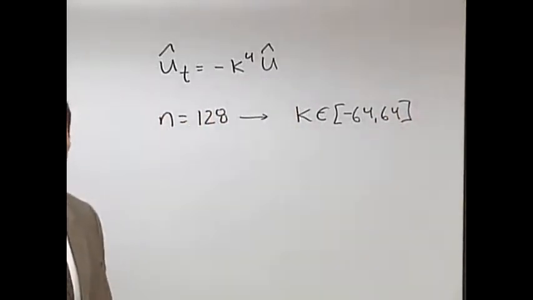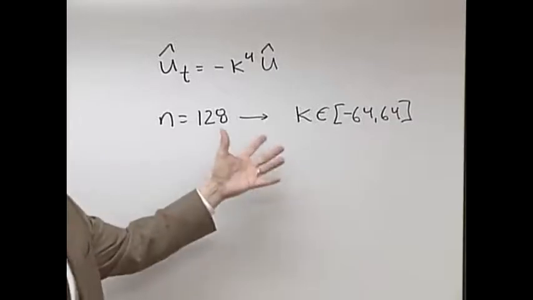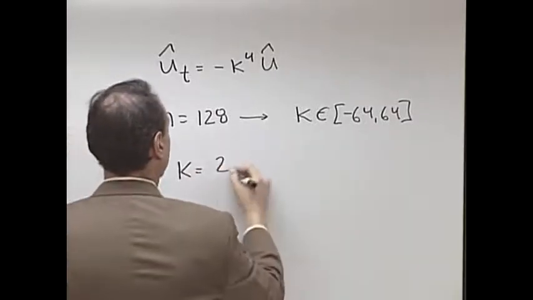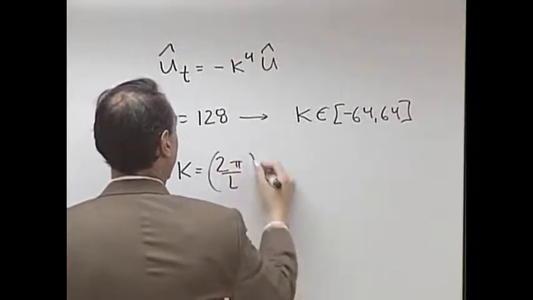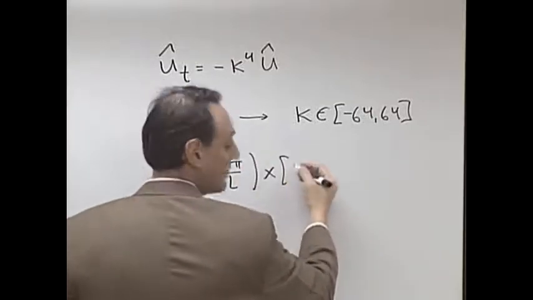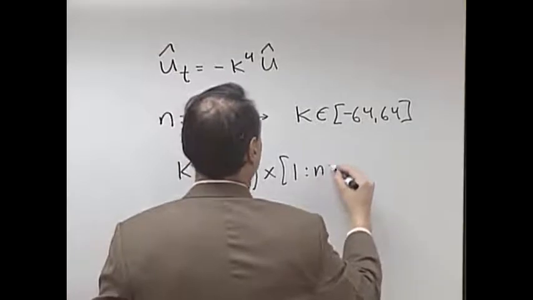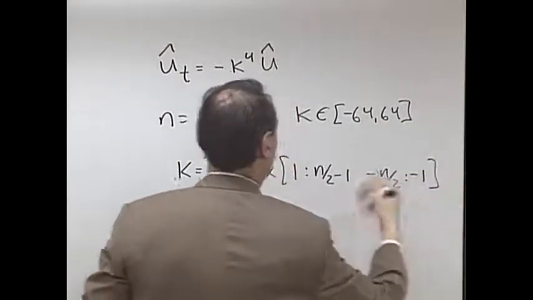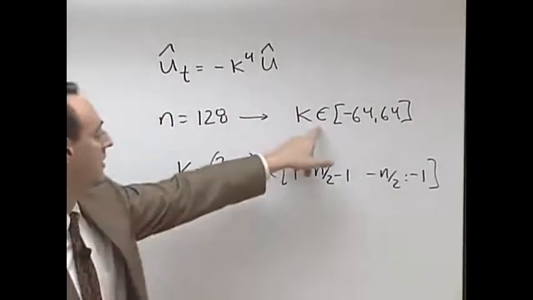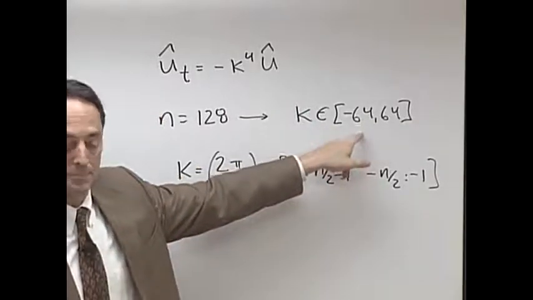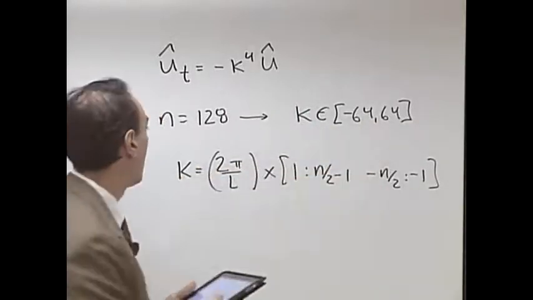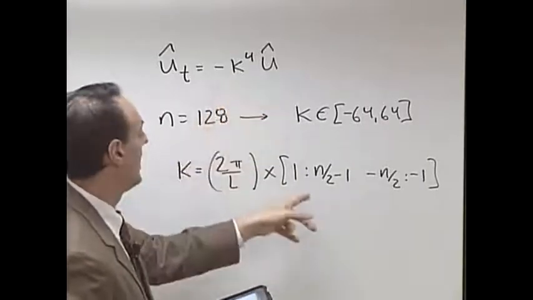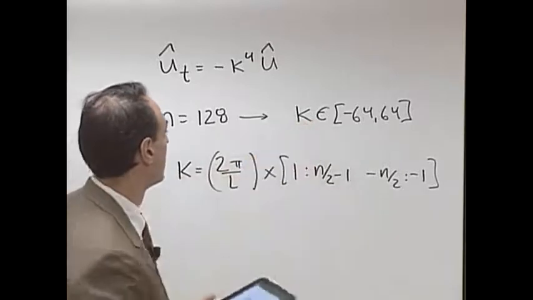You know this because your k vector goes from 2 pi over L times 1 to n over 2 minus 1 and minus n over 2 to negative 1. That's how it looks in MATLAB. So up to 64. You have here k to the 4, and your biggest value of k is 64.